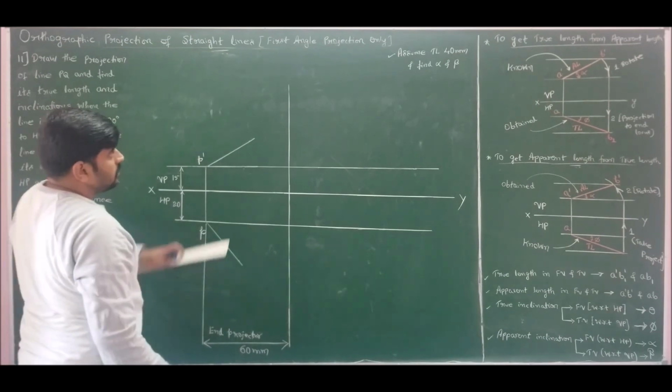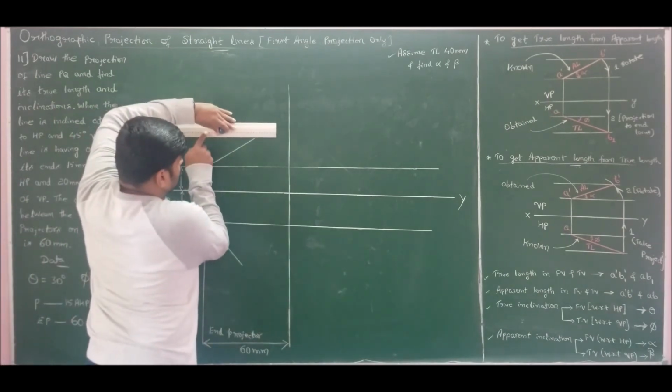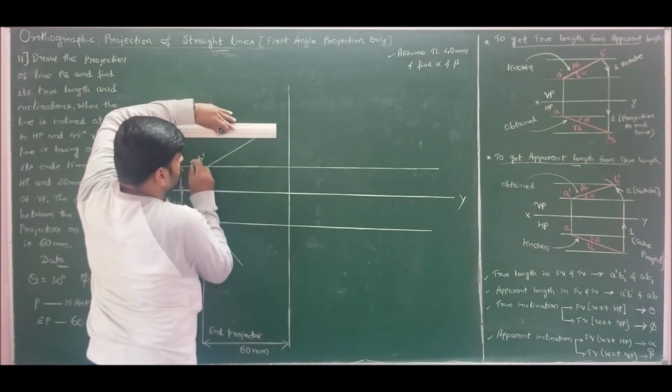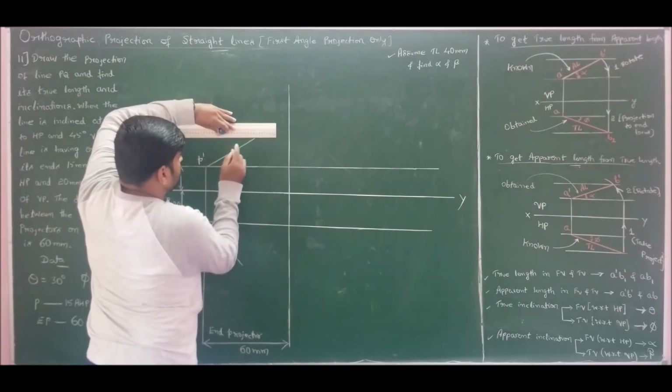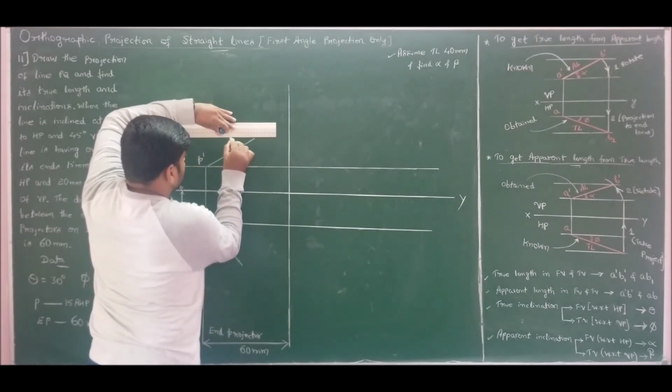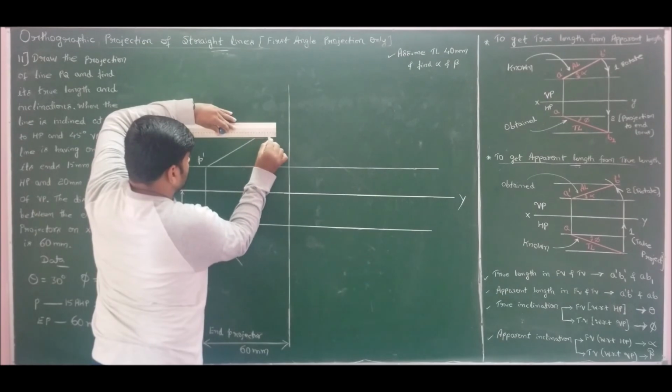We have drawn the 40 mm line at true inclinations, so thereby I can fix the locus for this assumed true length.